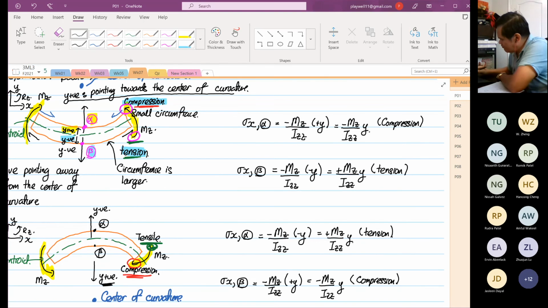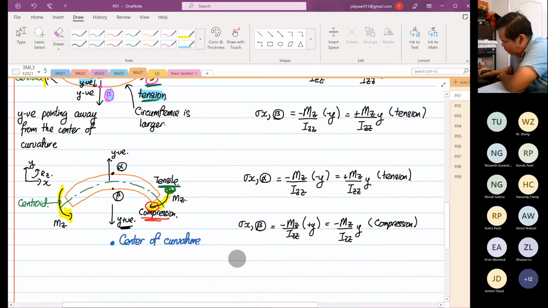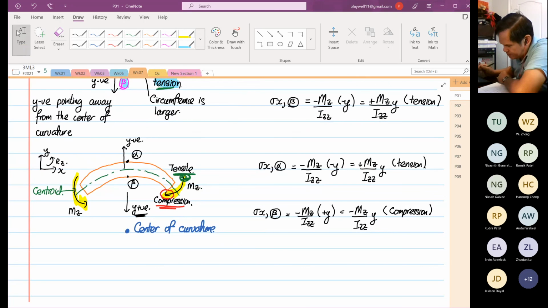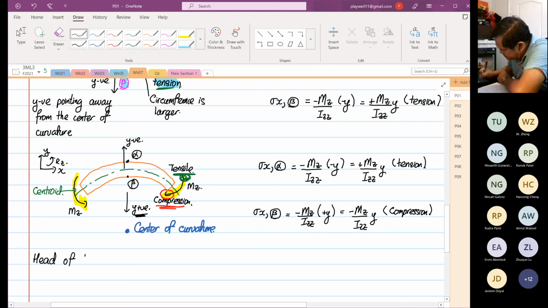I'm going to write down here: it's always the fact that the head of the moment vector is always in compression, right?